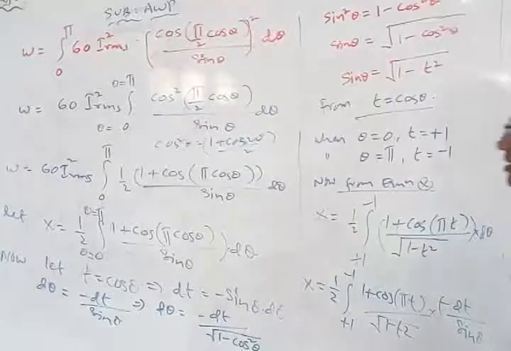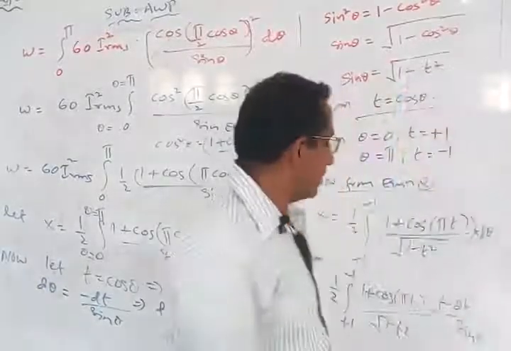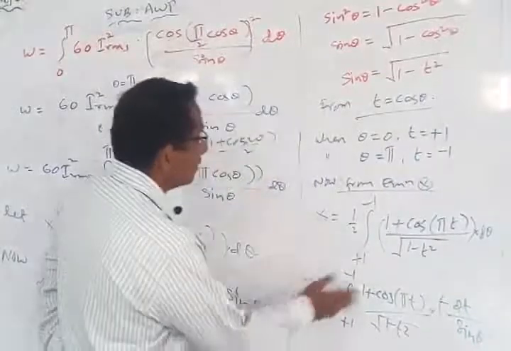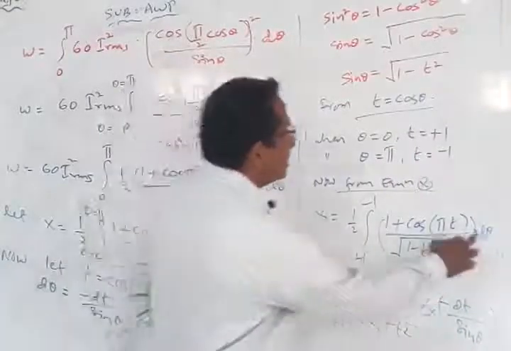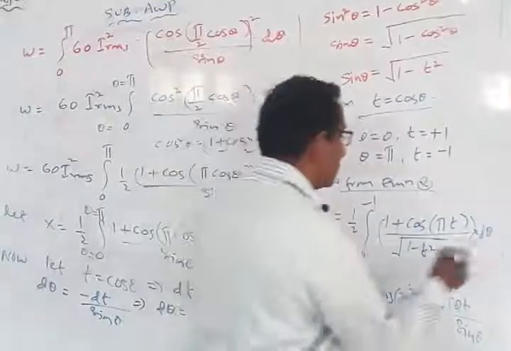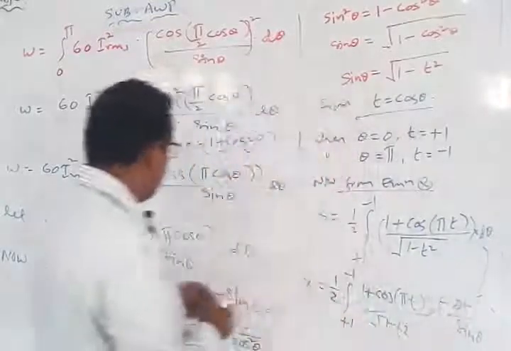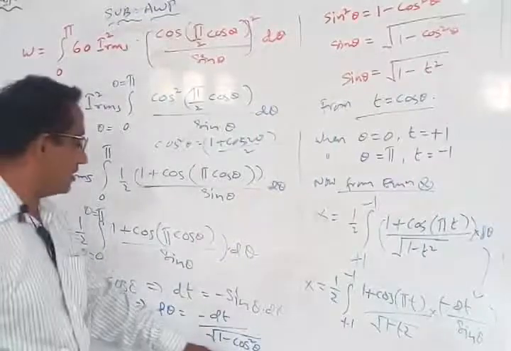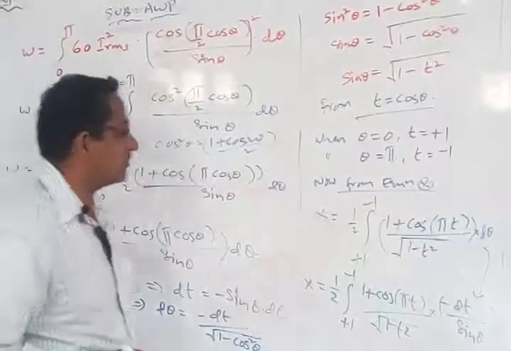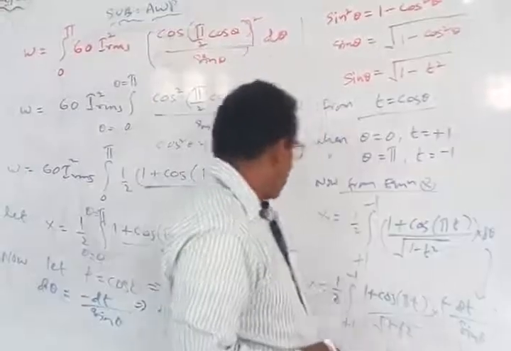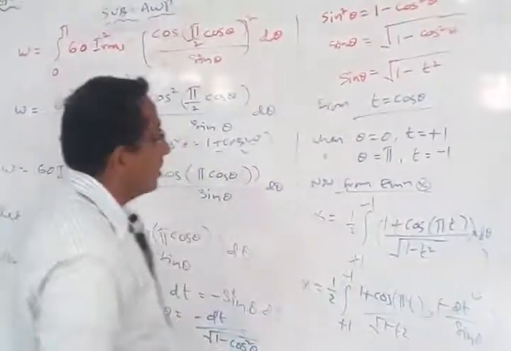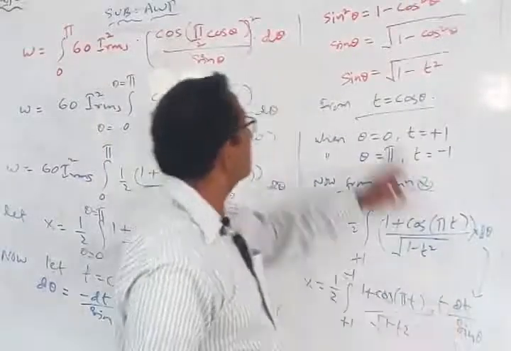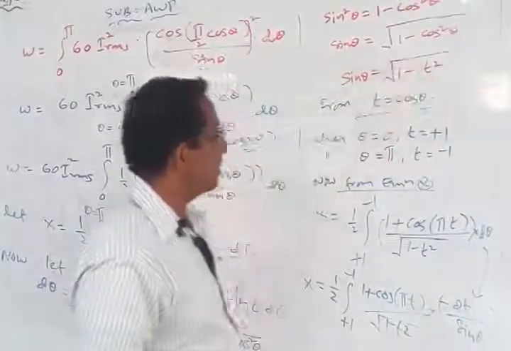Now what about d theta? For d theta I can write d theta is equal to minus dt by under root of 1 minus cos square theta, that is known as sin theta, so I can write sin theta as under root of 1 minus t square.